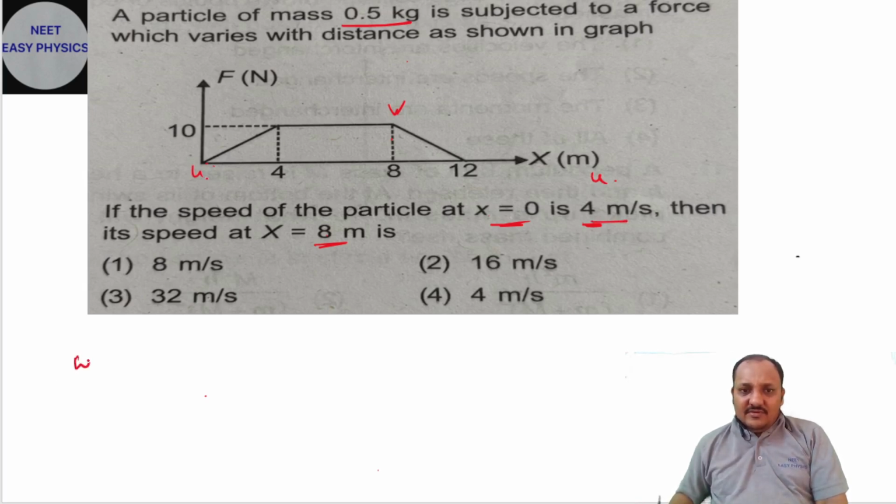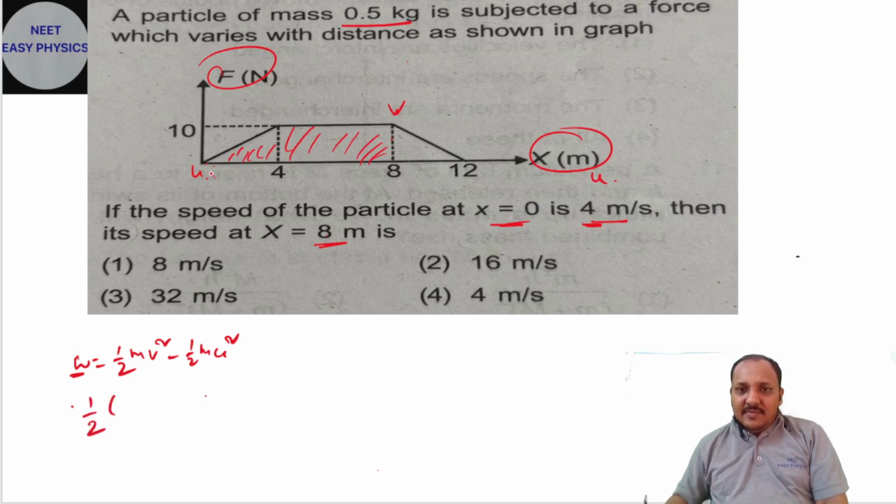So we will use the work energy theorem once again. Half mv square minus half mu square. So what is the work done? Under a force and displacement graph, the area will give it. This area you should calculate up to 8 meters only. Therefore, half into base value 4, height value 10.